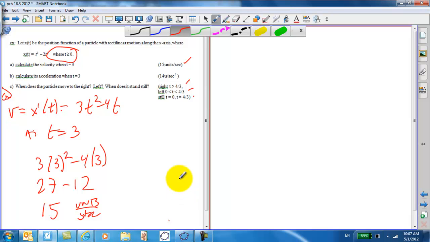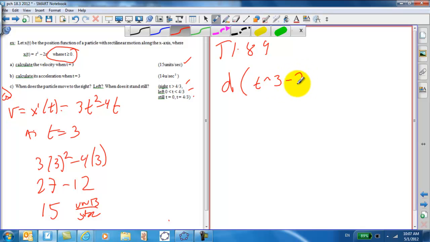It's pretty straightforward on the TI-89. For the velocity when t equals 3, we say the derivative of, and now you can put in t raised to the third minus 2t raised to the 2, comma t with respect to t, and then say with t equals 3.